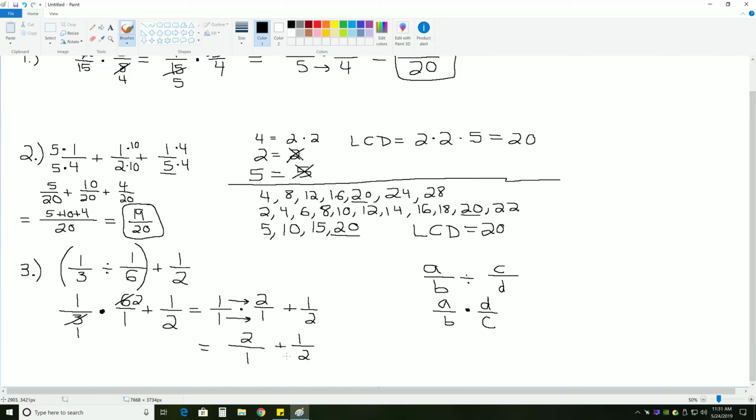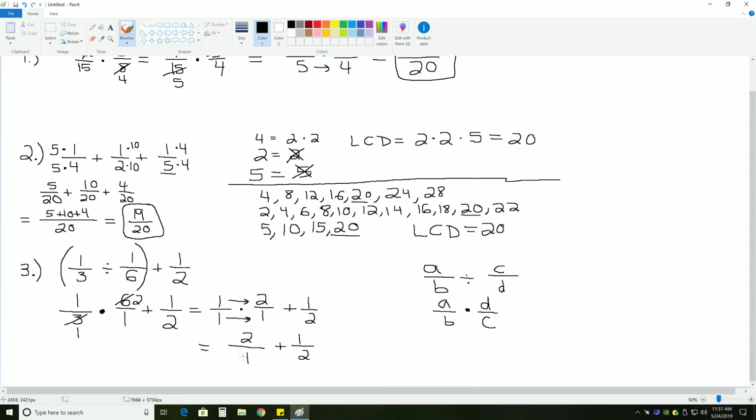And now for our final step, we want to get a least common denominator to add these fractions together. So what's the smallest number that 1 and 2 can divide into evenly? That's going to be this 2. You could go through either of these methods to check really quick, but whenever you have a 1 and another number, the other number is always going to be the LCD.